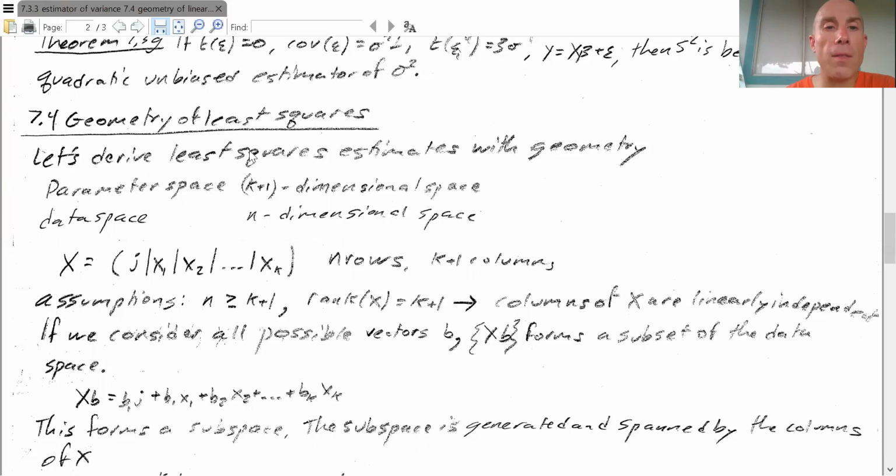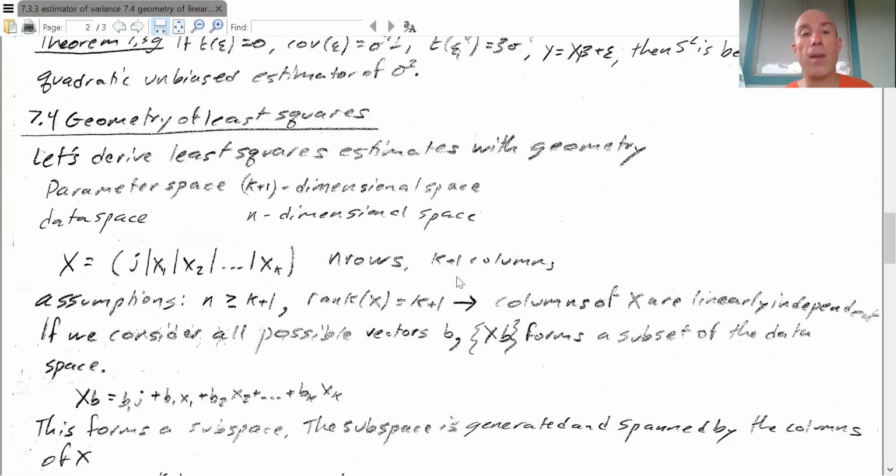So if I want to look at the least squares estimate in terms of geometry, I realize that my parameter space is a k+1 dimensional space, first and foremost. And our data space is an n-dimensional space. Now let's say that X, the matrix X, has one column of ones, then our first predictor variable, second predictor variable, and so on to our last predictor variable.